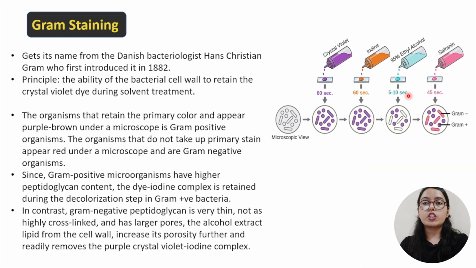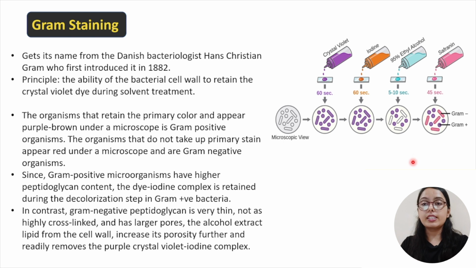Following decolorization, the last step is where the counter dye, called safranin, is added for 45 seconds and then washed off. Then, based on the color of the bacterial cell, we can differentiate between gram positive and gram negative bacteria.